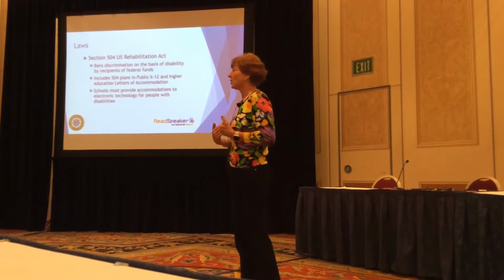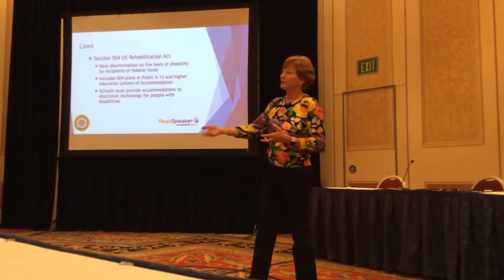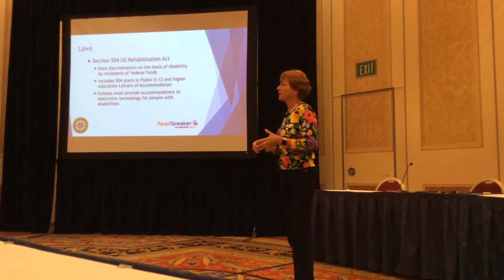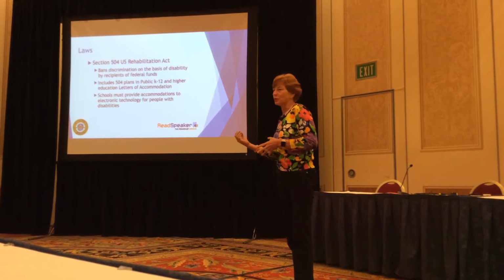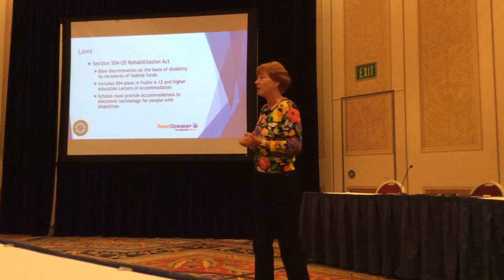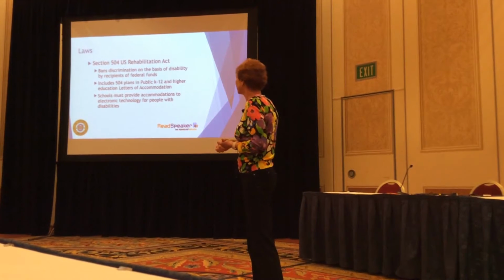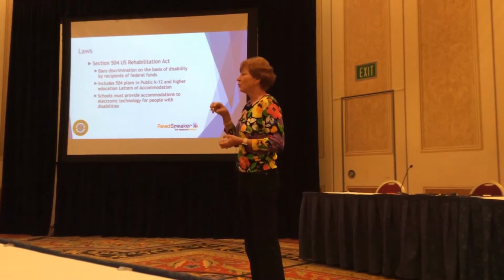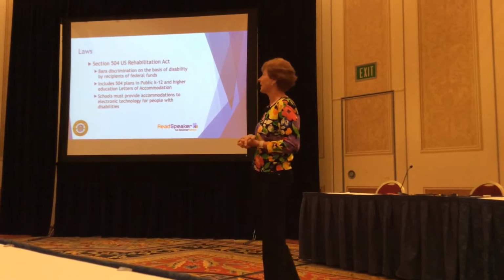In higher ed, we call it the letter of accommodation. You're given that by the Office of Disability with the student, and you look to see whether they need certain aspects, more time on a test, certain kind of signing, whatever happens along that line, and you're supposed to accommodate them. So 504 is really about an individual with a particular need for an accommodation.